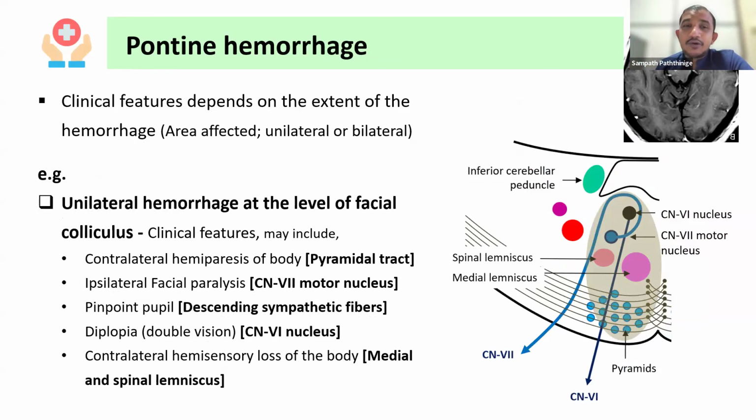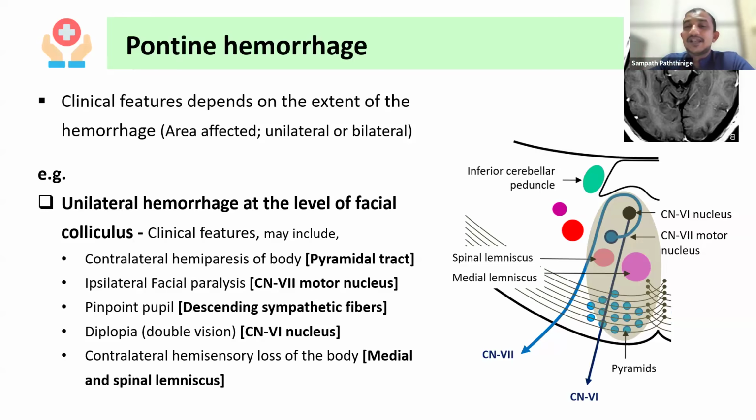This would be lower motor neuron type facial paralysis because the nucleus is affected. Contralateral hemiparesis, and the patient would have Horner syndrome, due to the descending autonomic fibers, all caused by the pontine hemorrhage.